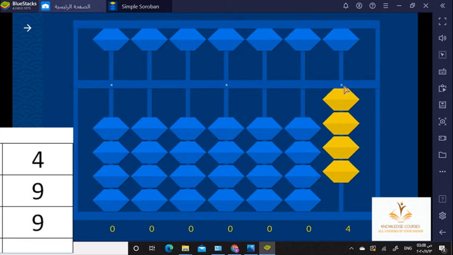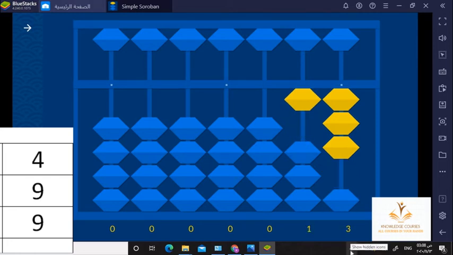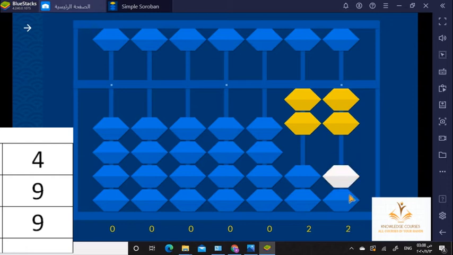The big helper of 9 is 1. So activate 10 and minus 1. Plus 9, the big helper of 9 is 1. So activate 10 and minus 1. The solution is 22.